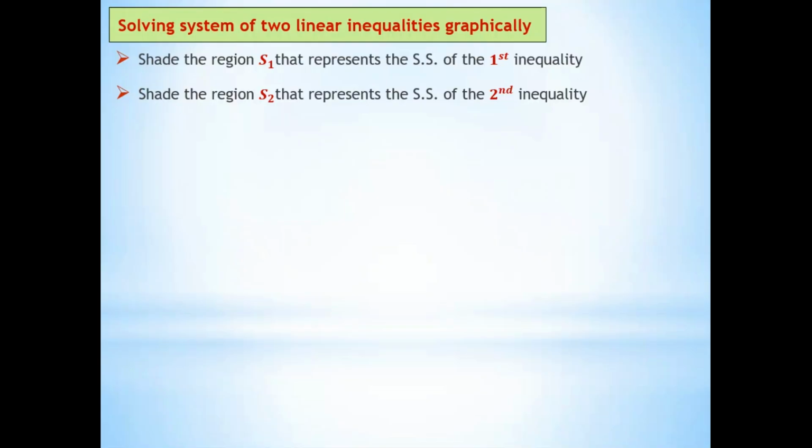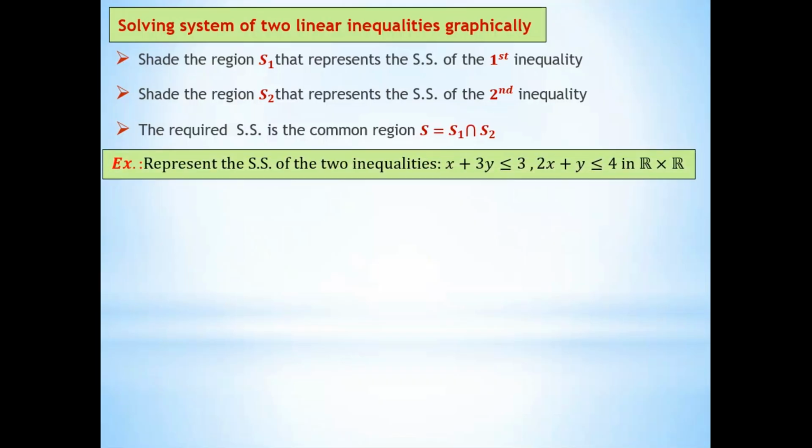The required solution set is the common region, meaning S1 intersection S2. So I have to do what I did twice, once for the first inequality and once for the second, and the intersection between the 2 regions is the solution set.